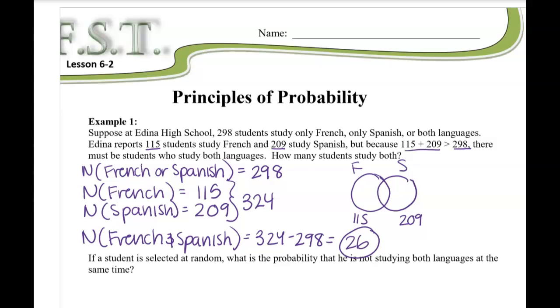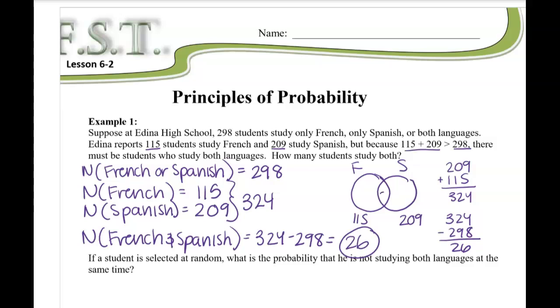So 209 plus 115 was our 324, and 324 minus our 298 got us our 26.